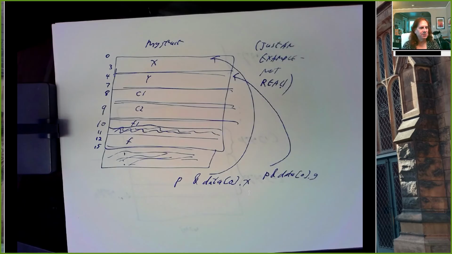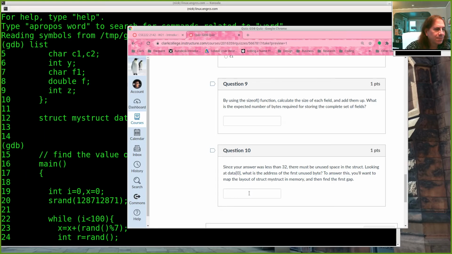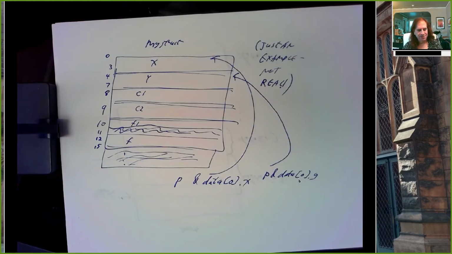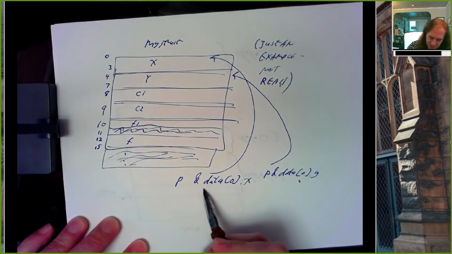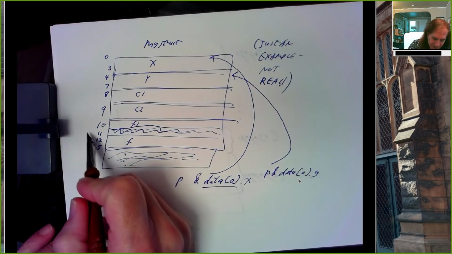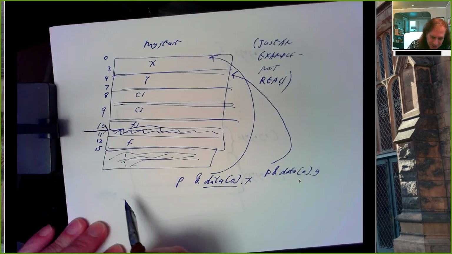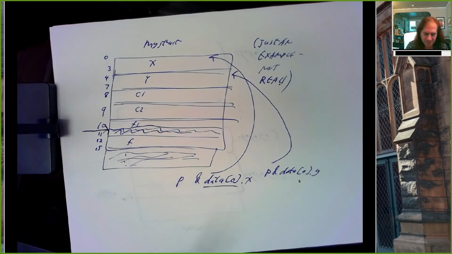So find the address of the first gap for data[0]. So you're going to need to have a memory map. You're going to need to fill in specific addresses here for data[0]. And if this is the first gap, then your answer to question 10 is the address where this gap begins.